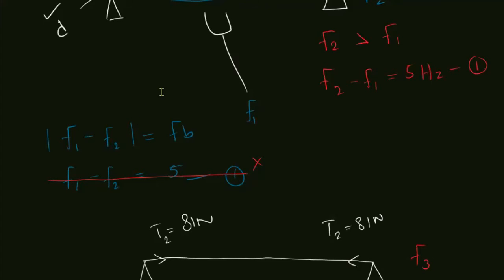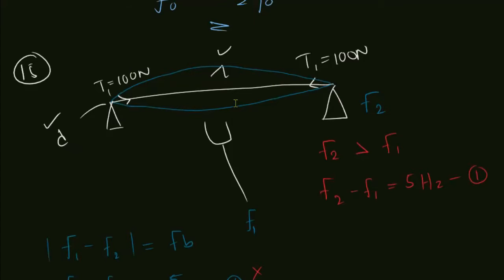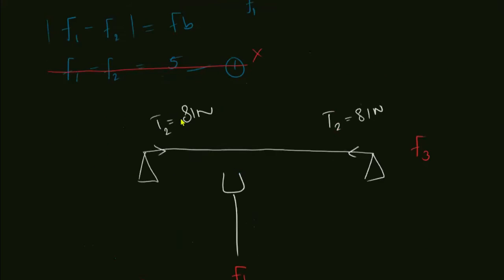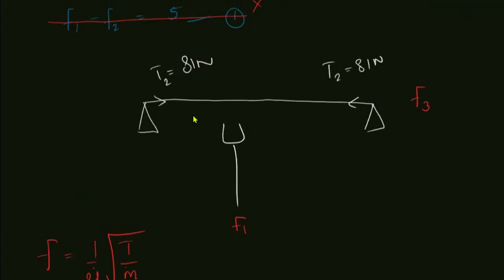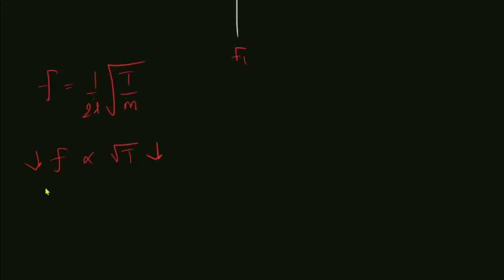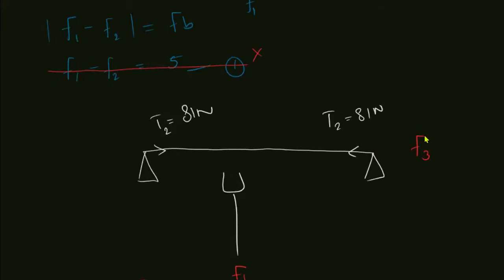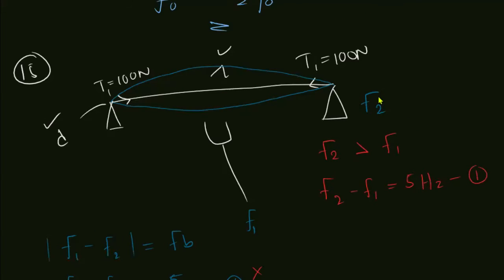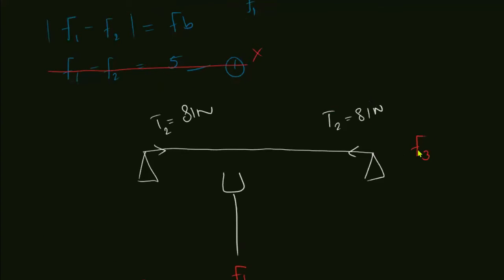So initially F2, this wire's frequency, is higher. This F1 is lower. So the difference gave 5 hertz. And then next what happens is when we decrease the tension from 100 to 81, the frequency should also decrease. So the frequency of the wire decreases from F2 to F3.